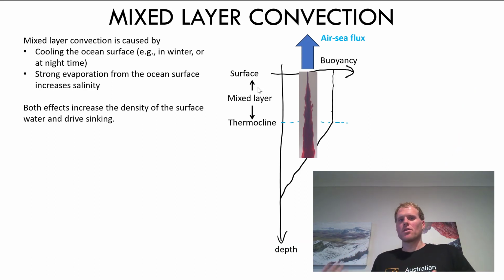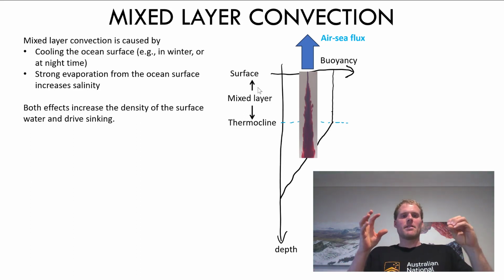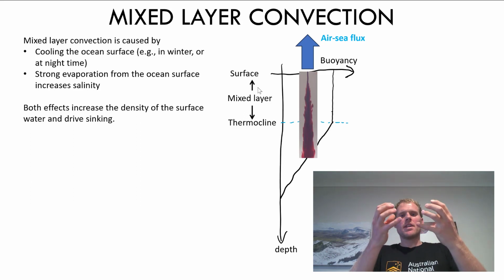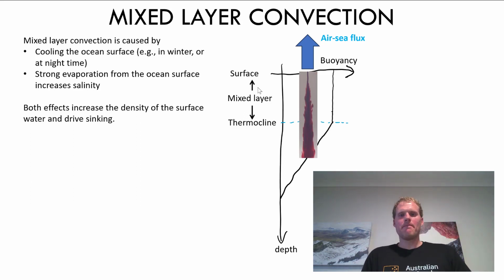So mixed layer convection is caused by a couple of mechanisms. One obvious one is if you cool the ocean surface, that will tend to cause a sinking plume, which will descend through the mixed layer. Another example, though, is if you strongly evaporate the ocean surface, that makes the water saltier and therefore denser and also drives sinking.